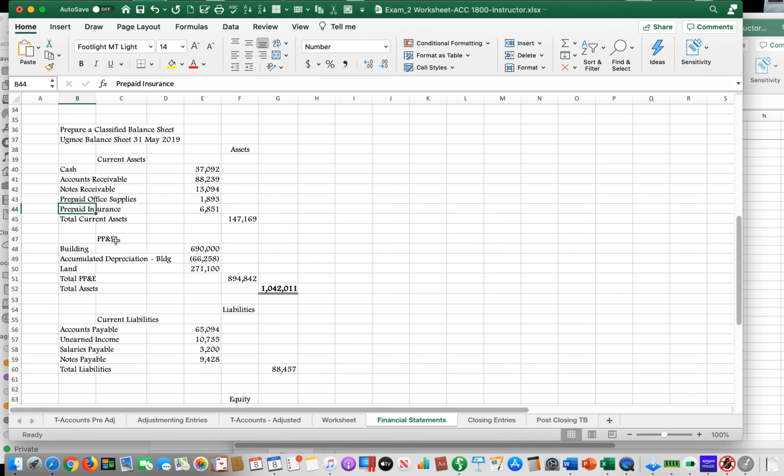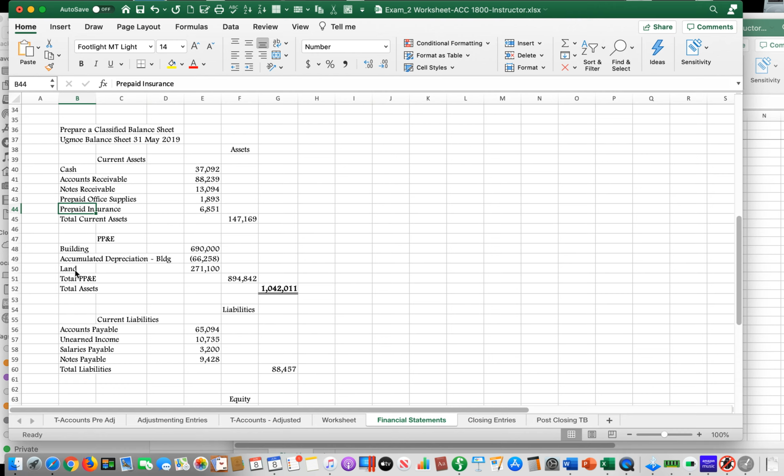Then you go to your assets that are property, plant, and equipment, that are fixed. Building. You do not depreciate land. 99.99% of the time, you do not depreciate land. Every textbook will say you don't depreciate land.